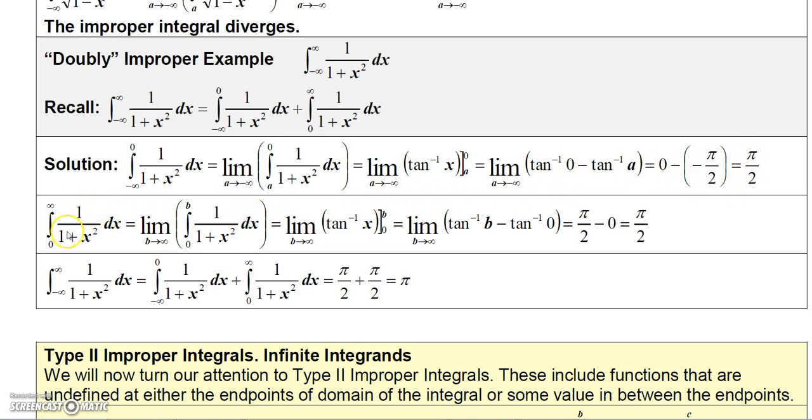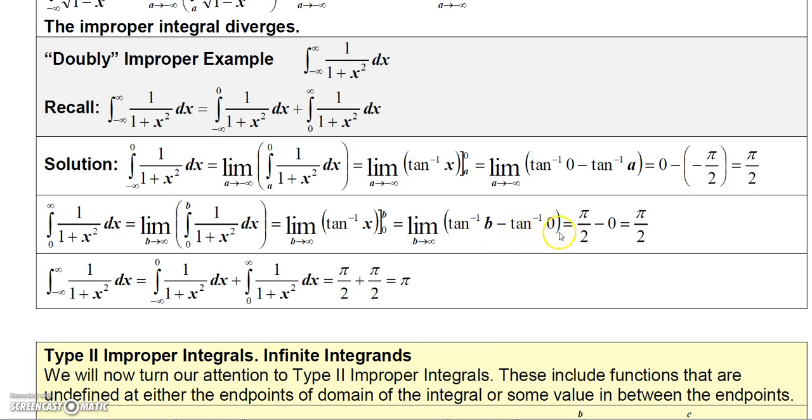Okay, now what about the 0 to infinity? Well, for the 0 to infinity, we have to replace that with the integral from 0 to b, and then take the limit of that as b goes to infinity. It's still going to integrate to arctan, so we're going to have arctan from 0 to b. So we're going to have arctan of b minus arctan of 0.